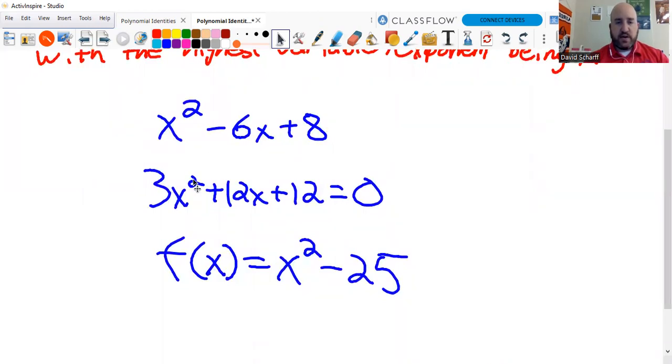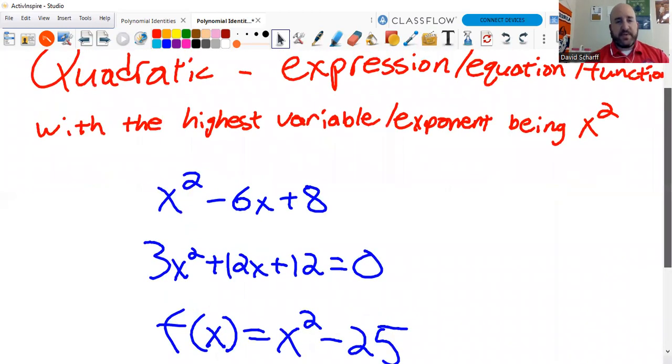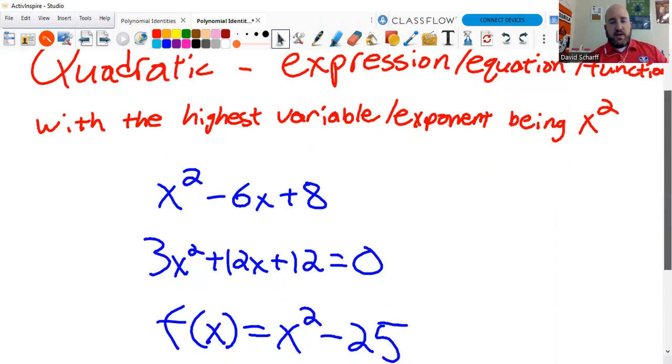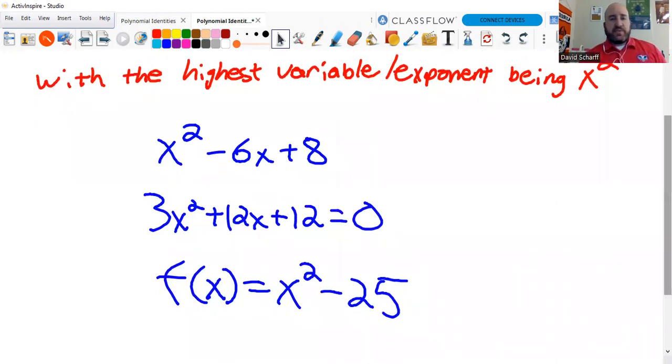That's an expression. 3x squared plus 12x plus 12 equals 0 is an equation. And f of x equals x squared minus 25 is a function with function notation. If you go back to the vocab assignment we did, the first assignment, this isn't the exact verbatim definition of quadratic, but it's pretty close. Those examples are the three examples that were in the vocab assignment.